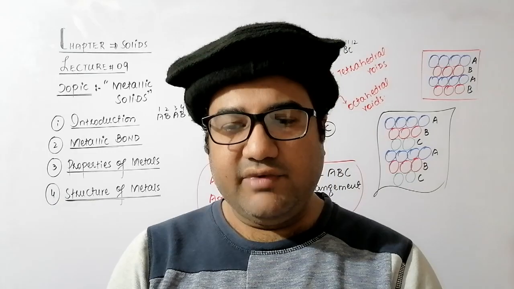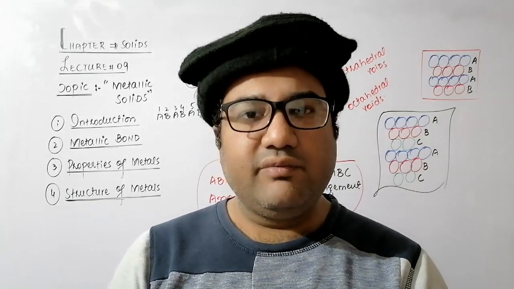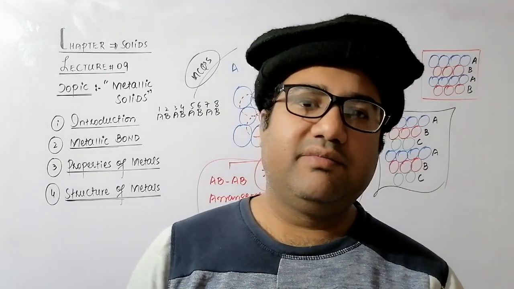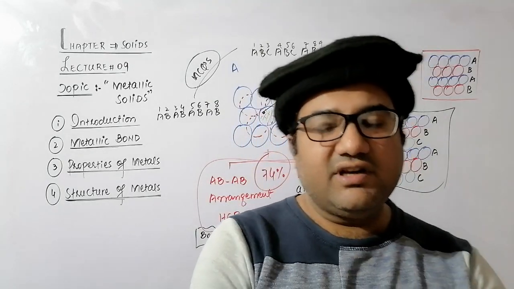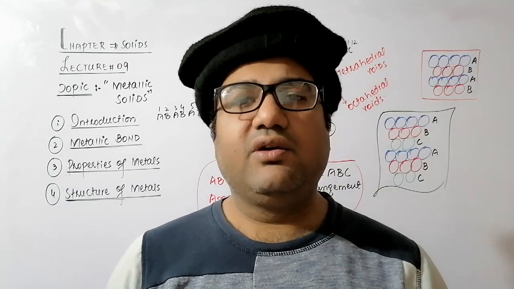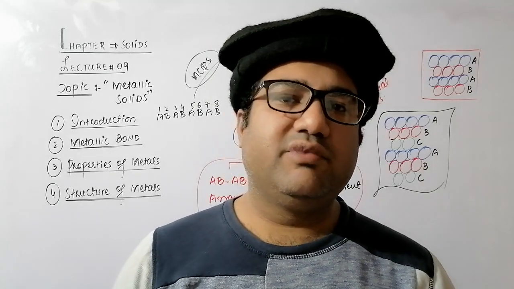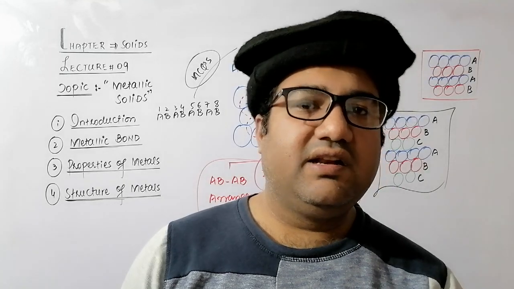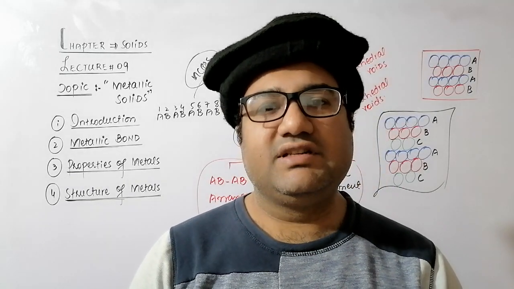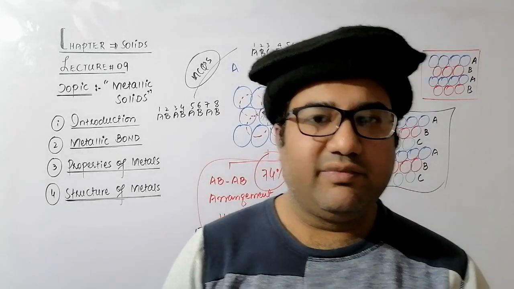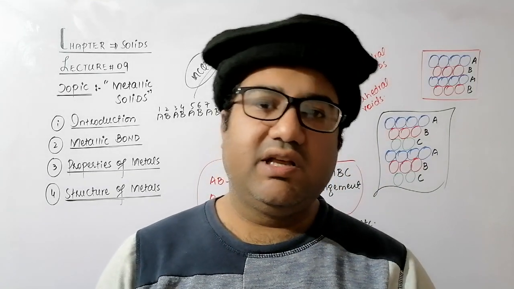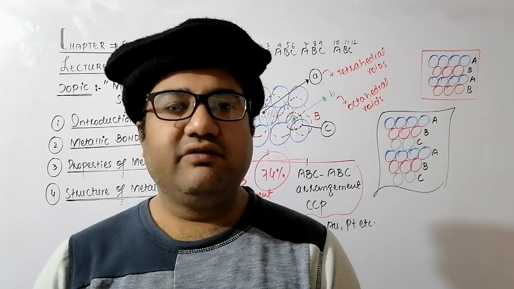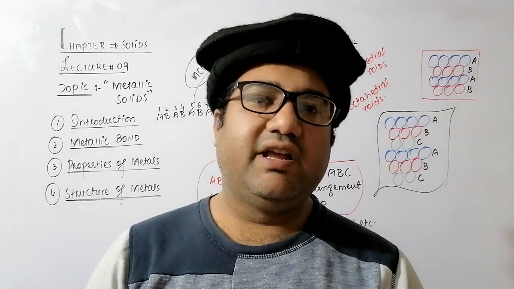And if there is 100 meter cube volume, then 74 meter cube is occupied by the metal atoms, and 26 meter cube are the empty spaces. So metal atoms, even in their closest packing, cannot occupy more than 74% of the available space, because the empty spaces are unavoidable. There will be empty spaces whenever the metal atoms are placed in any arrangement, AB or ABC arrangement. This was all about the topic of metallic solids.